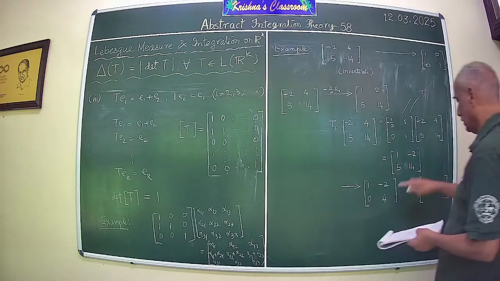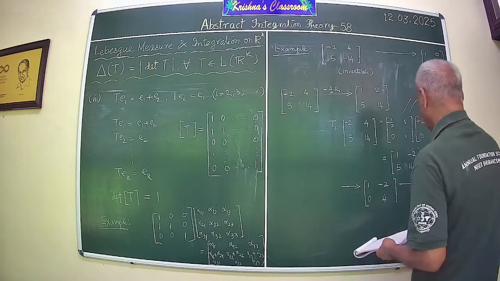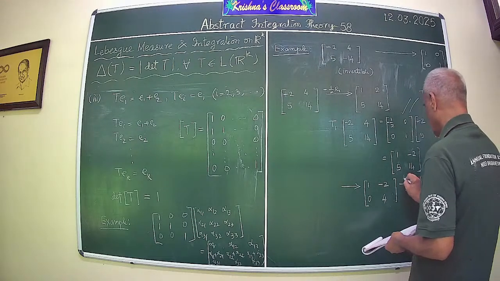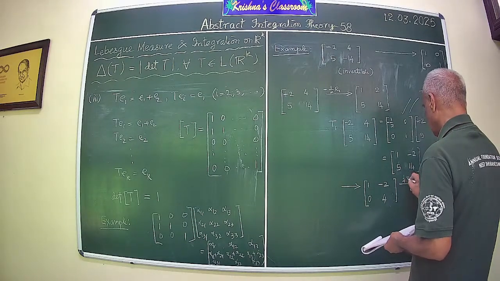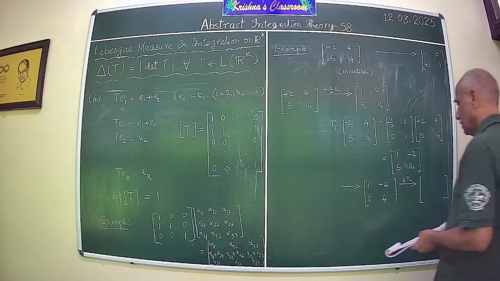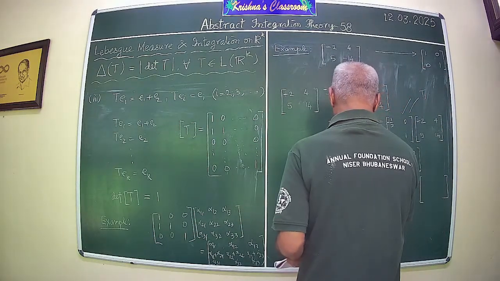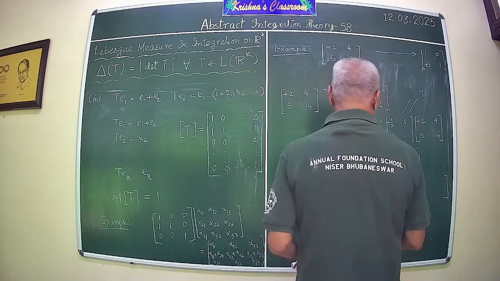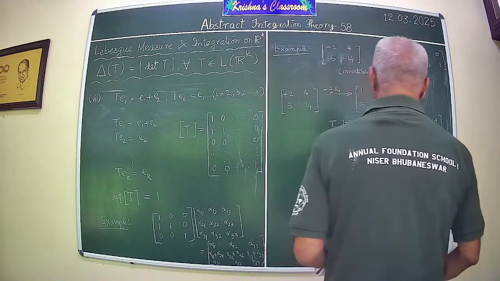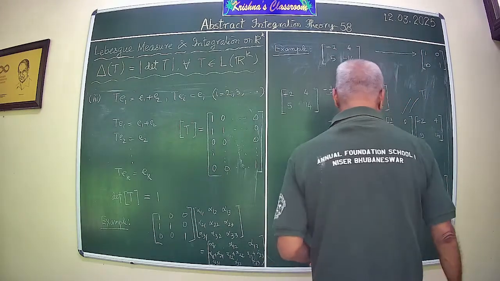And the next transformation is multiply this by 1 by 4. Then this is actually R2 minus 5 times R1.